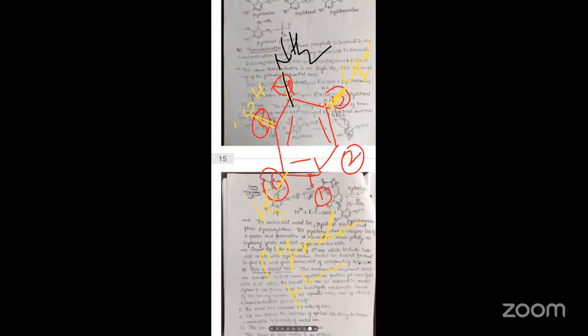In that pyridine ring there are six positions, and different positions carry different functional groups. In the third position an alcoholic group, and the fourth position also a primary alcohol, we call pyridoxine. If the fourth position has a CHO aldehyde group, that is called pyridoxal. If the fourth position has a primary amine, that is called pyridoxamine. Three types are available. You can observe them here.